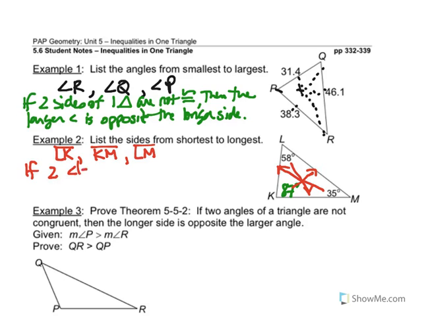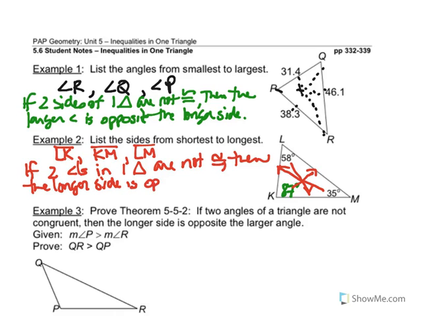If 2 angles, I bet you could even write this out yourself without me walking you through it. If 2 angles in one triangle are not congruent, then the longer side is opposite the larger angle.